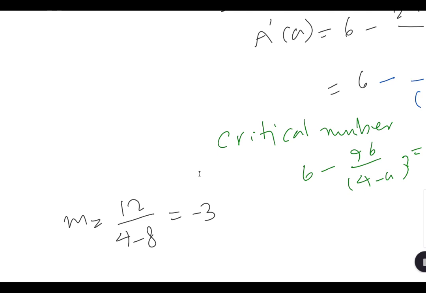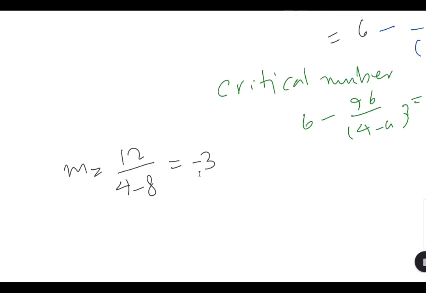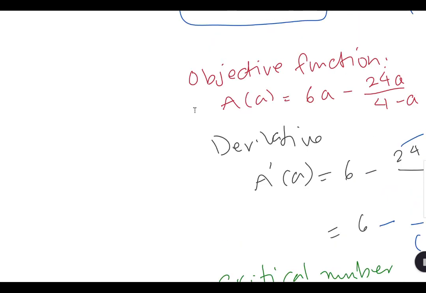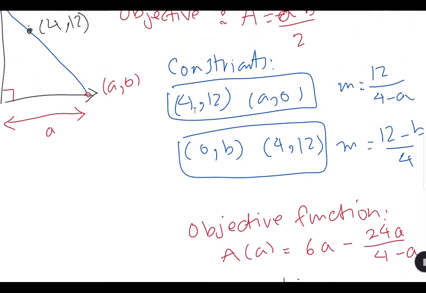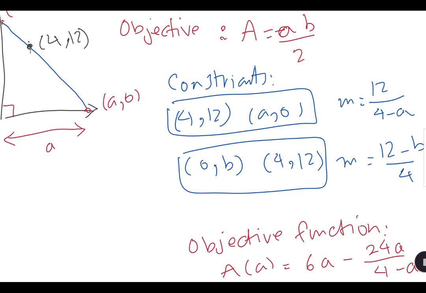But let's make sure that this gives me the minimal value of the area. So how do I make sure? Again, I have to think about the domain and so on. So let's see, the domain, in here, let's go back. So a really cannot be anything less than 4. Otherwise, that triangle doesn't form, right?